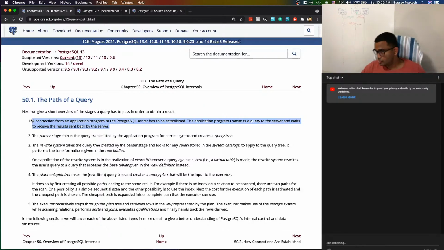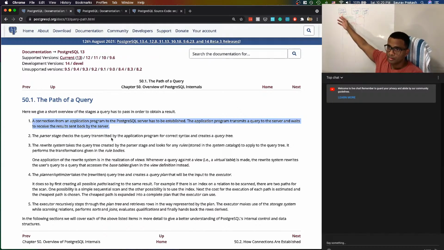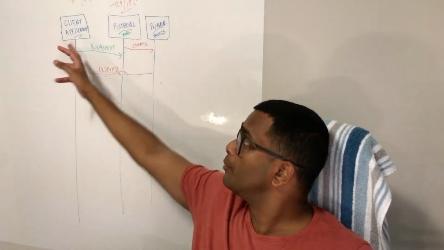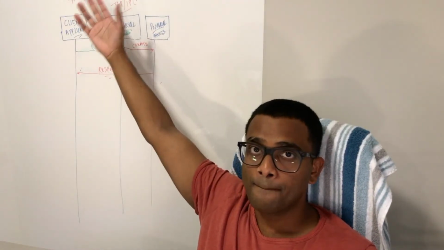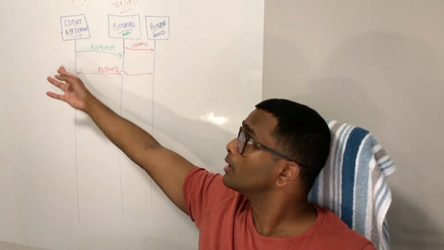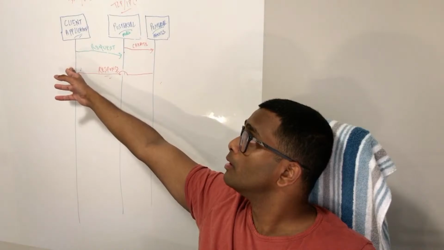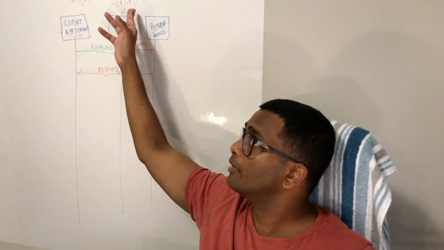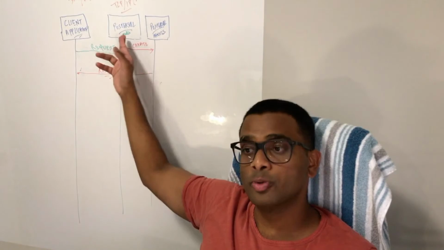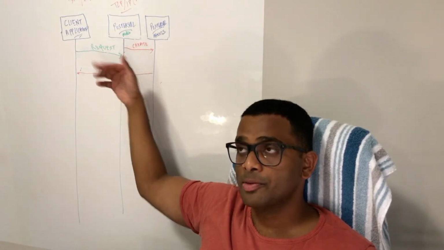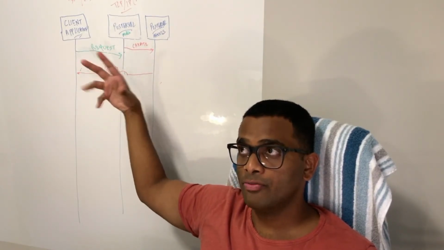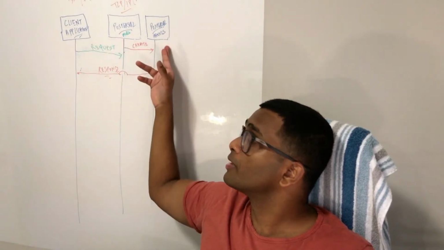Alright, so you have a libpq or JDBC powered client application which is going to trigger the Postgres master process's way of handling requests, which is spinning off another process.